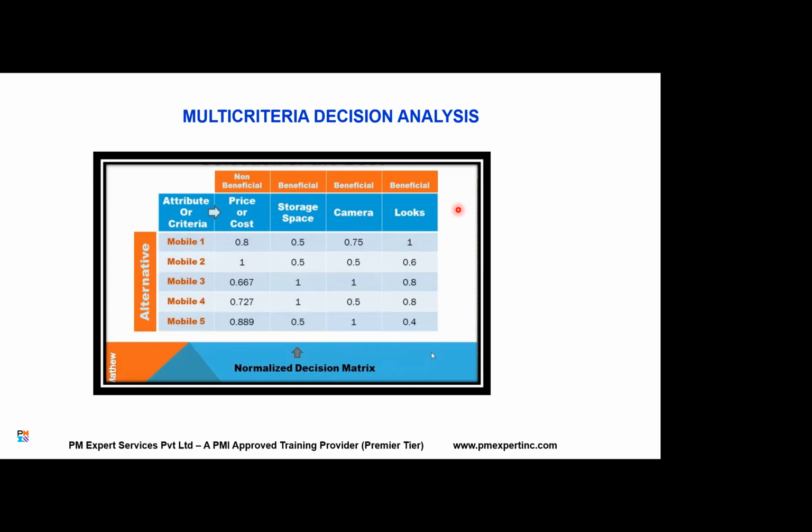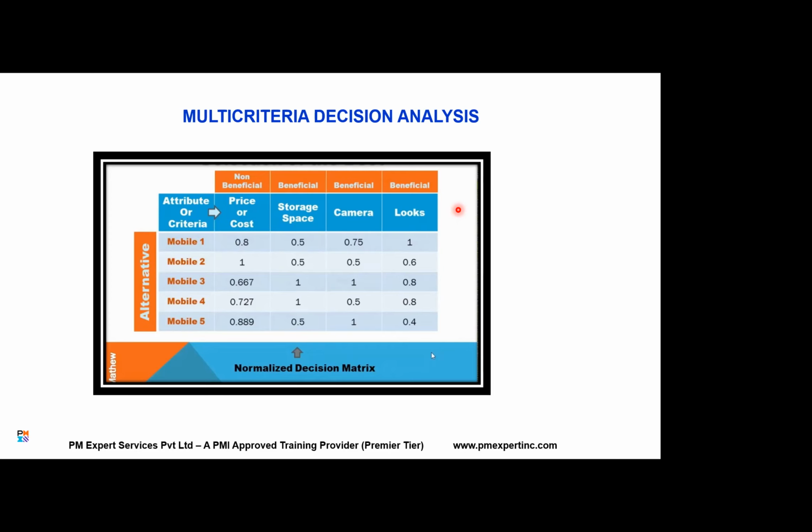Multi-criteria decision analysis can be used in other areas also. For example, in selecting a human resource out of multiple resources. It can be used for vendor selection also. But in this context, we are talking about using multi-criteria decision analysis from the context of requirements, from the context of which variant of the product we should select.